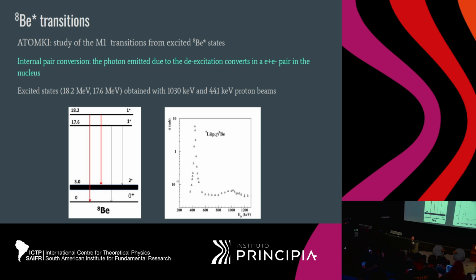I actually have another question for Luca now, if I may. About the ATOMKI experiment, has it been cross-checked, or is it too hard to cross-check? Well, it has not yet been cross-checked. There are several efforts going on.